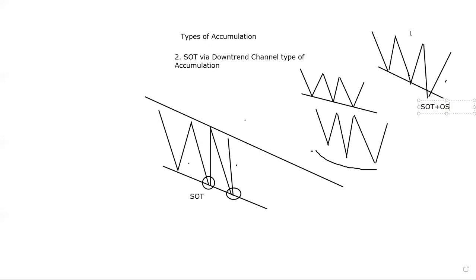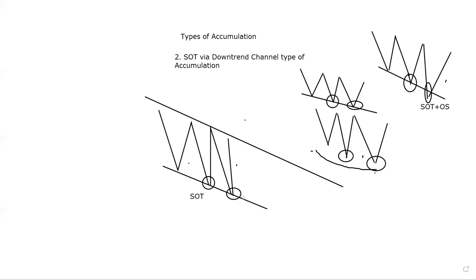Okay. So obviously after SOT, what you will notice? You need to notice the second point and third point.